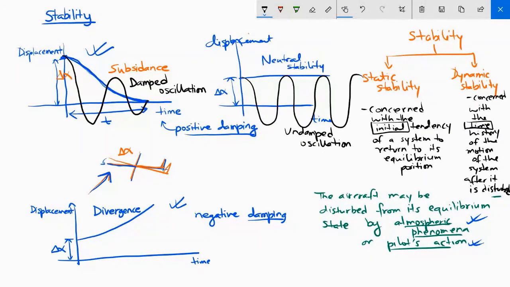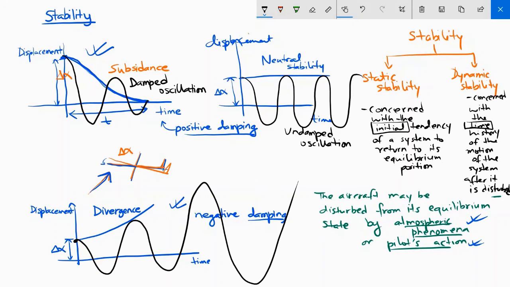And the third possibility is, again, we get oscillations, but these oscillations continue to grow bigger and bigger. So you have initial displacement of delta alpha, and it just continues to grow bigger and bigger. So this is an example of divergent oscillation.